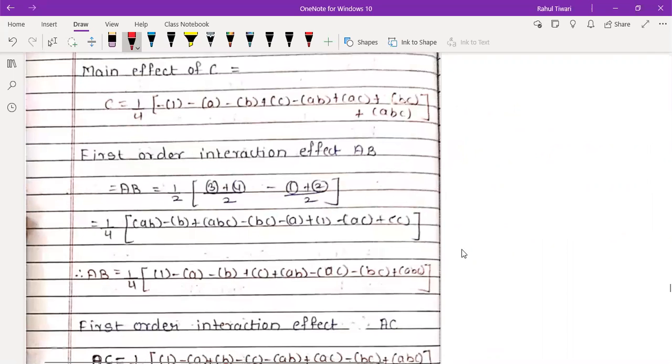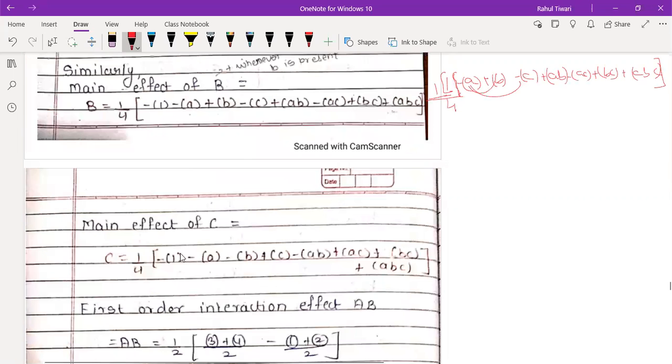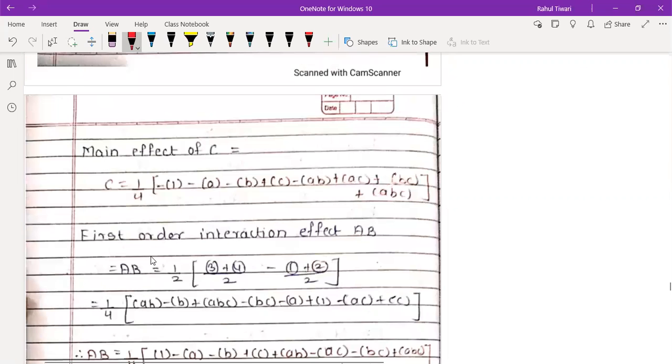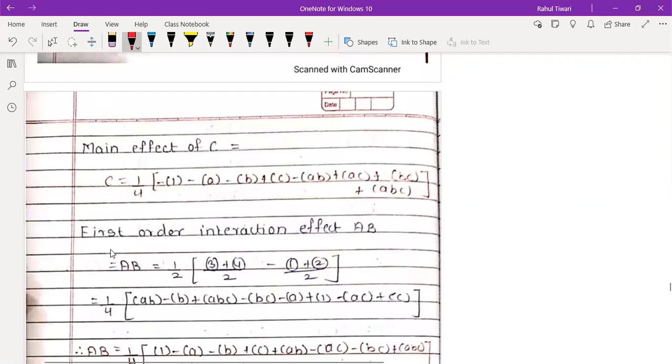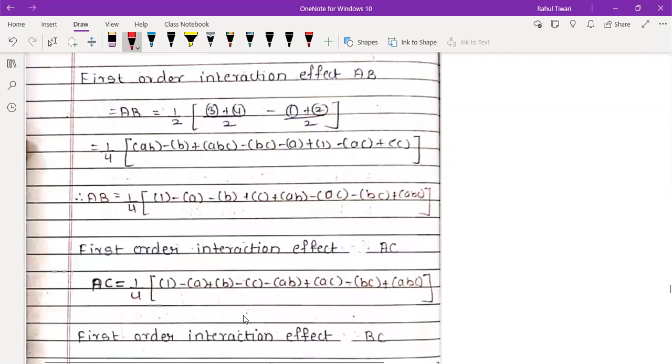Similarly, as I said, one can get second degree order also. But getting second degree order is not that easy. See, getting main effects is easy, but getting second degree order, or I can say first order interaction or second order interaction, is not that easy, right?